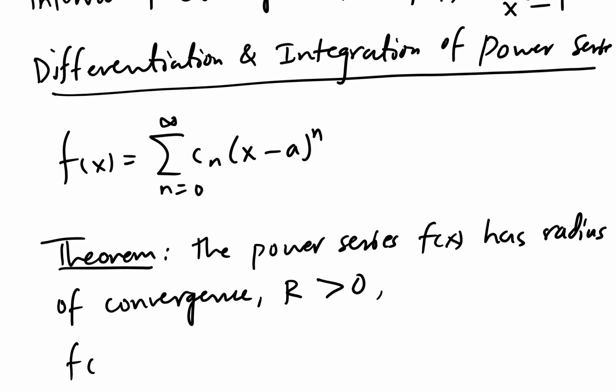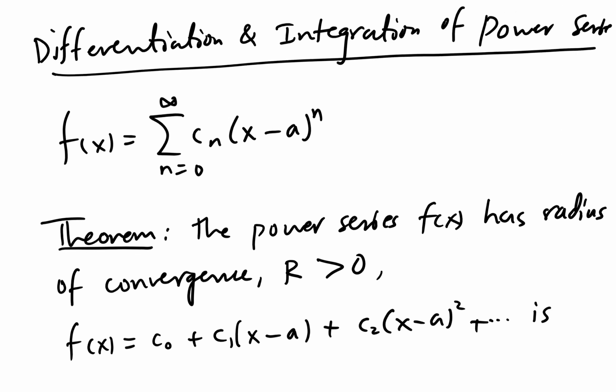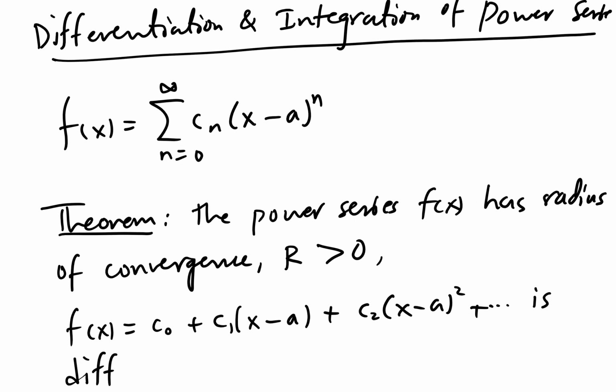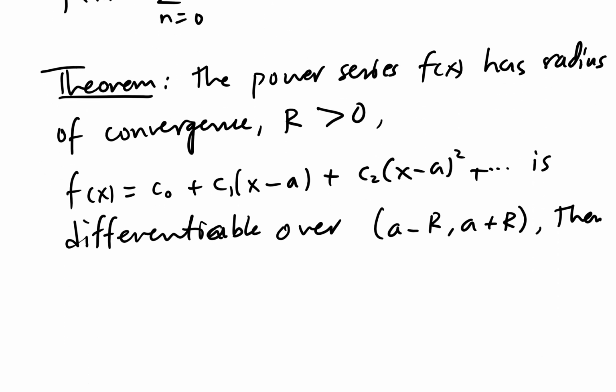We can write f of x as c0 plus c1 times x minus a plus c2 times x minus a squared and so on. If it is differentiable over the interval a minus r comma a plus r, then two things can happen.